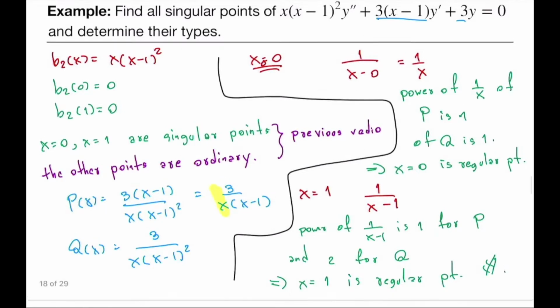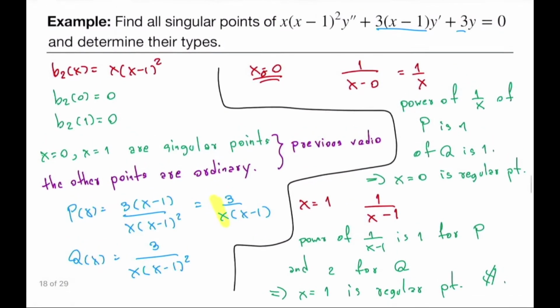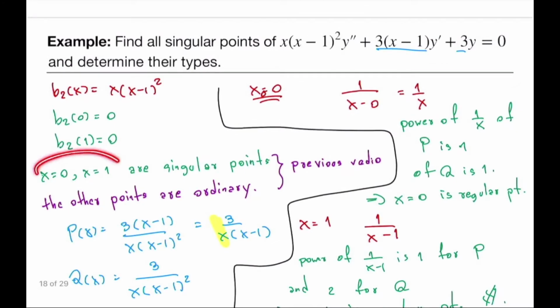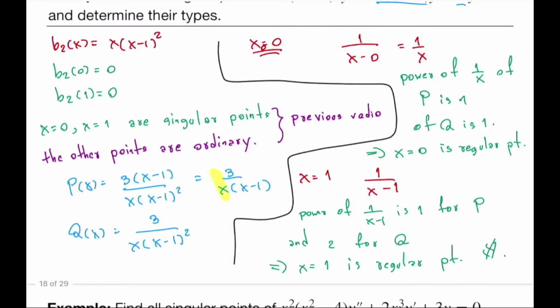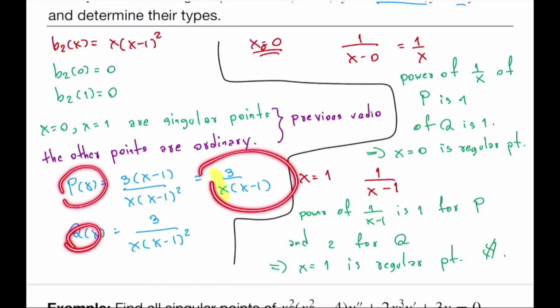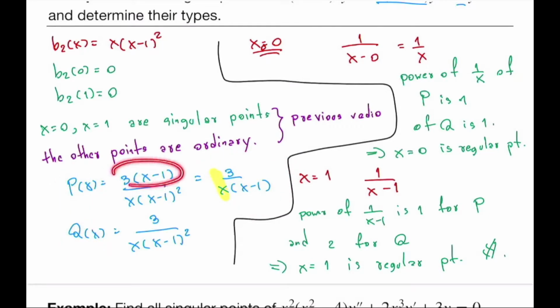Okay, so for this question, to sum it up, x equals 0 and 1 are singular points, and the rest, all other points, are ordinary. And we find p(x) and q(x), which are the second term divided by b2(x), and the third term, which is b0(x), divided by b2(x).